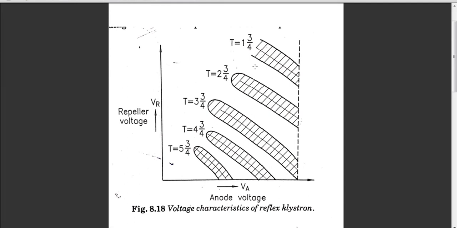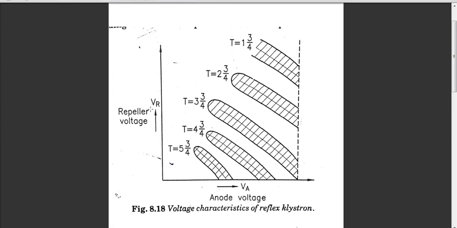but the voltages required are also higher, as we can see from this. For this particular mode, the anode voltage required, as we can see from this horizontal axis, will be very high, and also the repeller voltage required will be very high, which leads to insulation problems and possibilities of lower efficiencies.